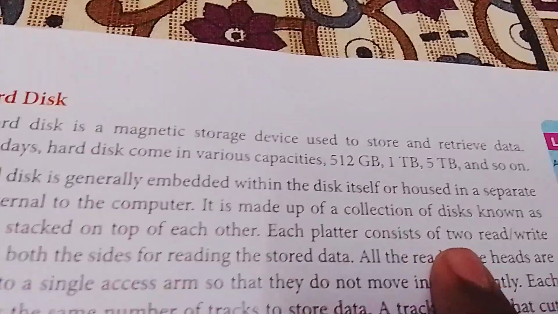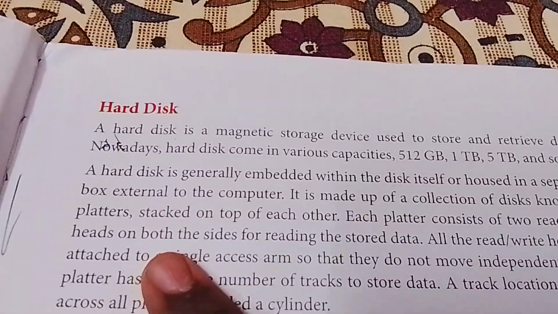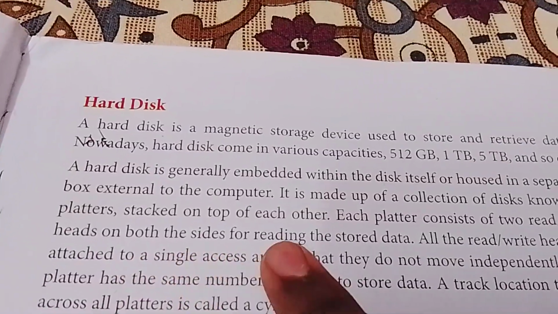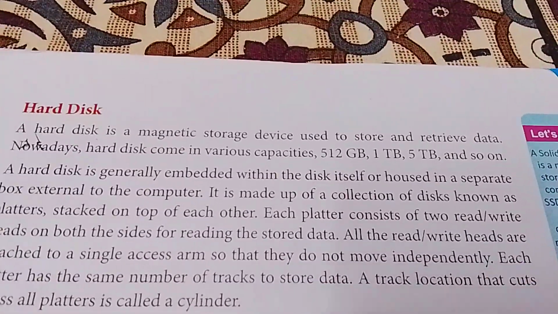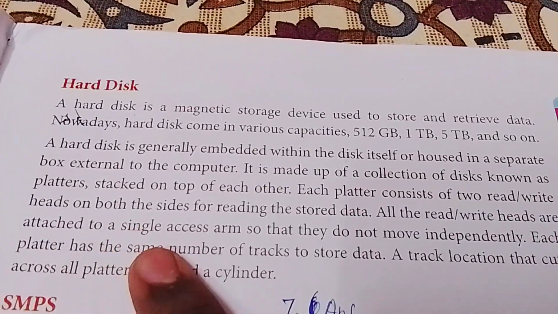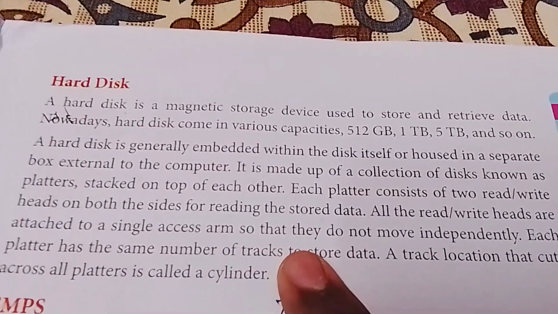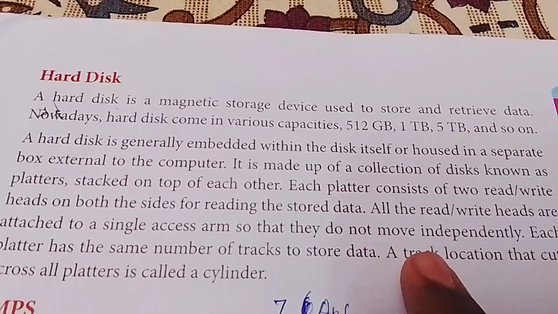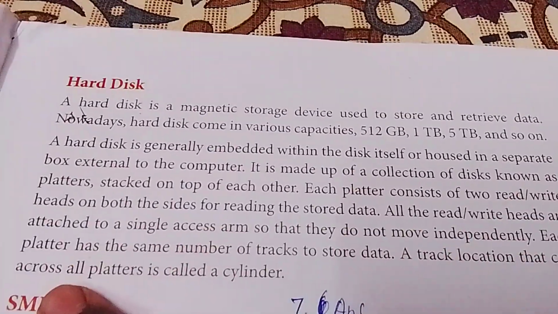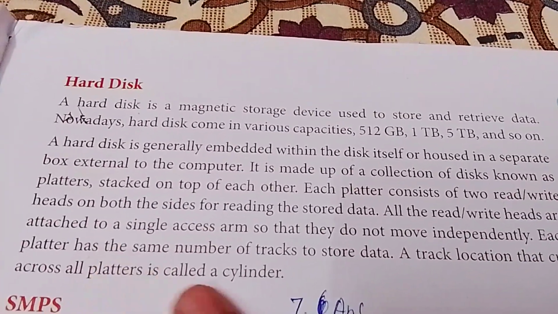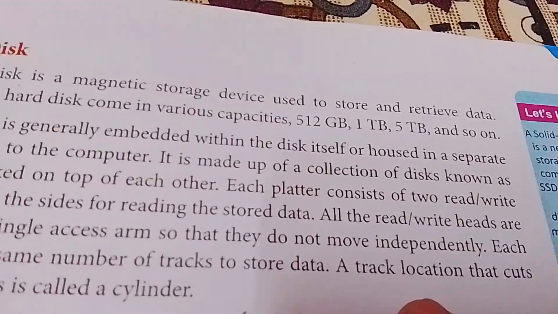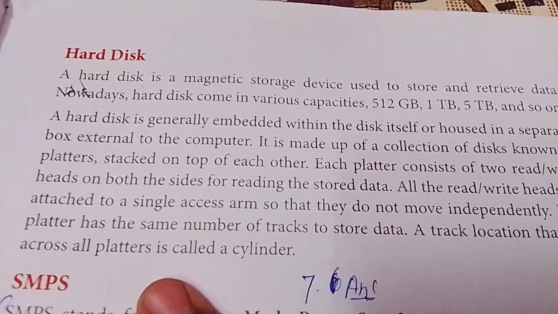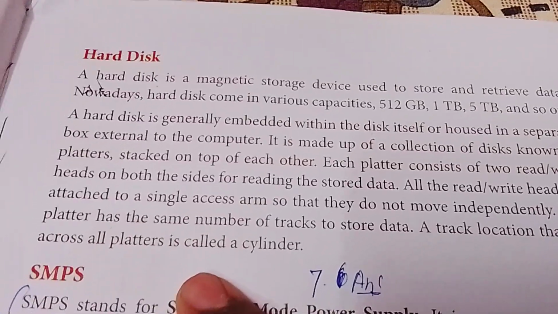Each platter has two read-write heads, one on each side, for reading the stored data. All the read-write heads are attached to a single arm so that they do not move independently. Each platter has the same number of tracks of stored data. A track location that cuts across all platters is called a cylinder.